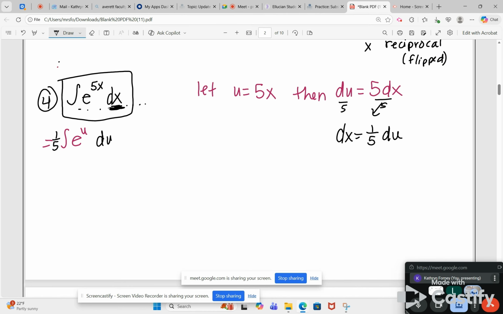So in place of this dx, I would have a 1/5 and a du. If this is confusing written this way, you could also write it like this. In place of the dx, I put a 1/5 du.